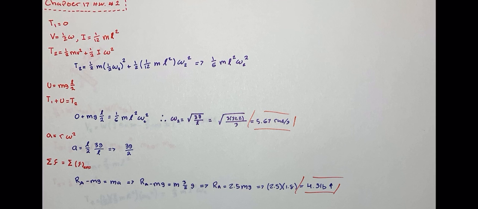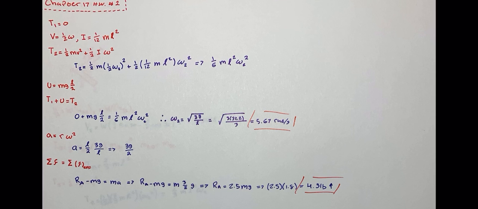And we know that U is equal to mg times L over 2. So T1 plus U is equal to T2. So we can plug in our knowns there, solve for omega 2, and get 5.67 radians per second.